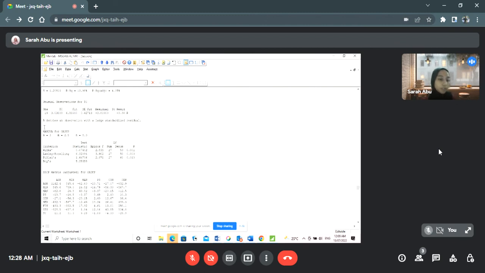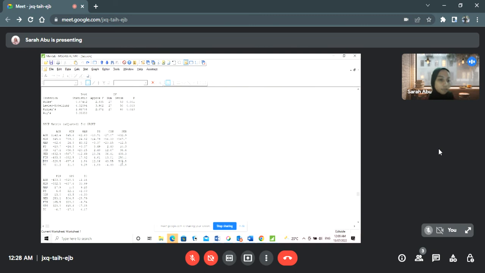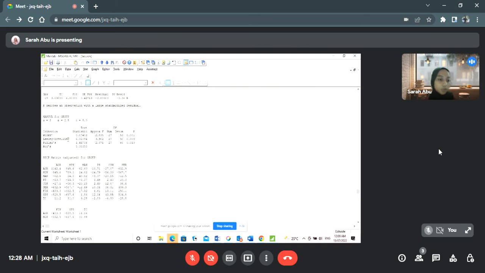Then we have the MANOVA for group. Here we look at the Wilks test statistic, which we get as 0.07402, and the p-value is significant at the 5% level.